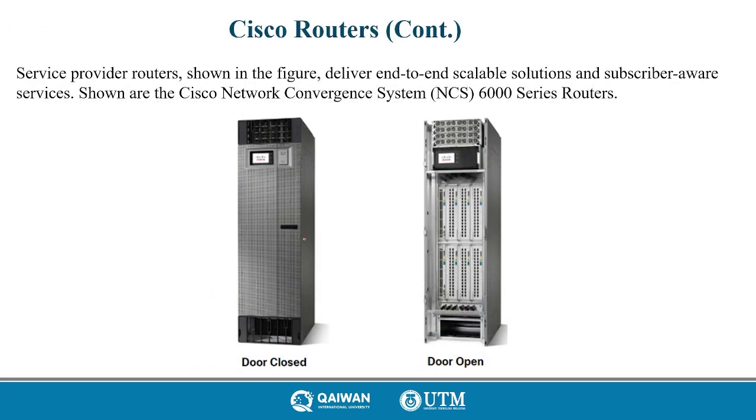And we have a service provider router shown in the figure. This service provider router is used by ISPs, and they deliver end-to-end scalable, subscriber-aware services, shown in the Cisco Network Convergence System 6000 series routers.